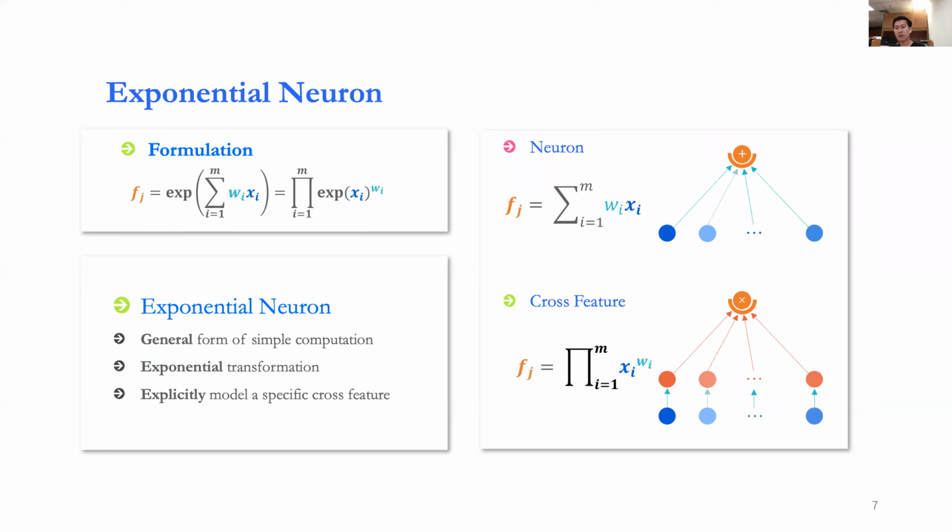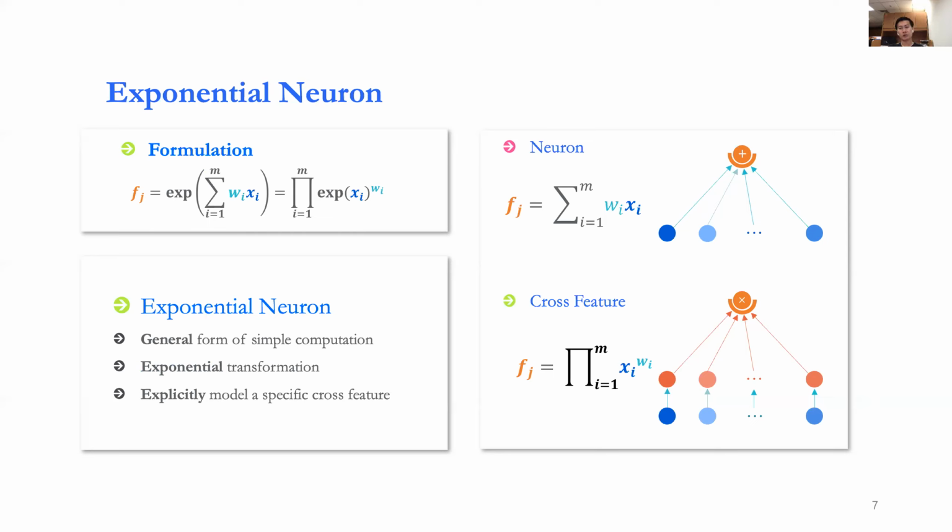So for a vanilla neuron, the inputs X are linearly scaled by a respective weight W, and then summed up to produce the output. While for the cross feature, the inputs are transformed with respective weights as the power. That is, each Xi is raised to the power of Wi, and then the transformed inputs are merged via multiplication.